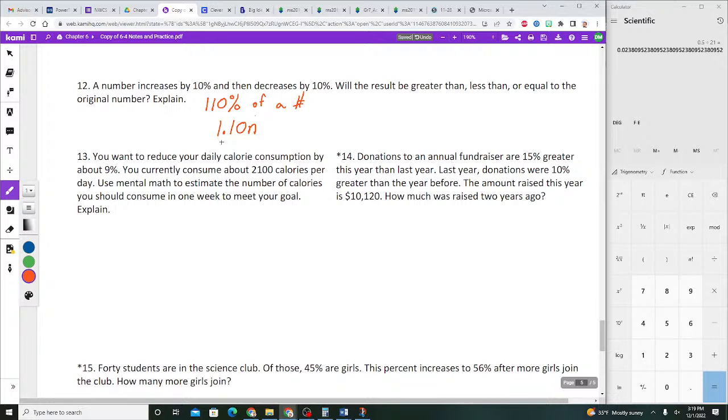But then we're going to decrease this value by 10%. If we start off at 100% and we decrease that by 10%, that means we're at 90%.